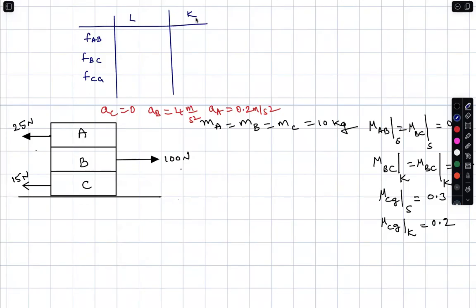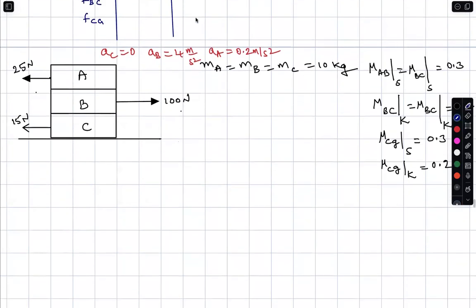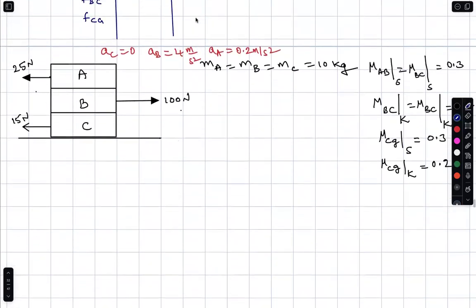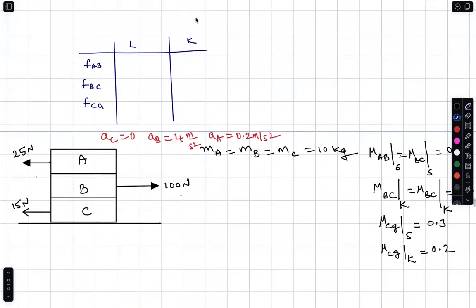Mass is 10 kg. All static coefficients are 0.3. All kinetic coefficients are 0.2. 0.3 into 10 into 10 becomes 30, and that will become 20 Newton.